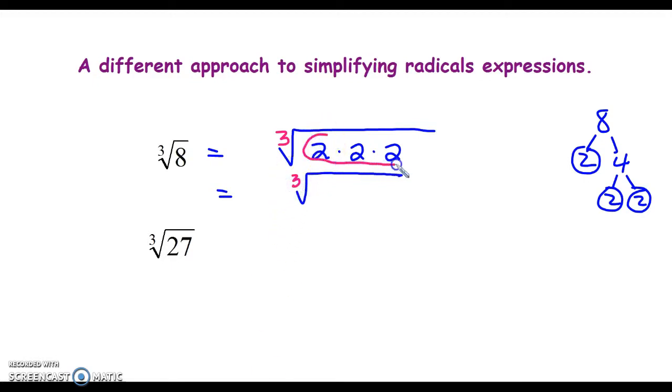So here I do have a group of 3. It comes out from underneath the radical sign as just 2, and actually there's nothing left under the radical sign. That goes away. Okay, so the cube root of 8 is 2, and we knew that because 2 times 2 times 2 gives you 8. The cube root of 8 is 2.